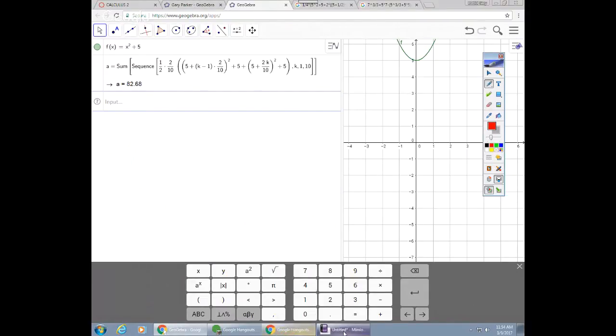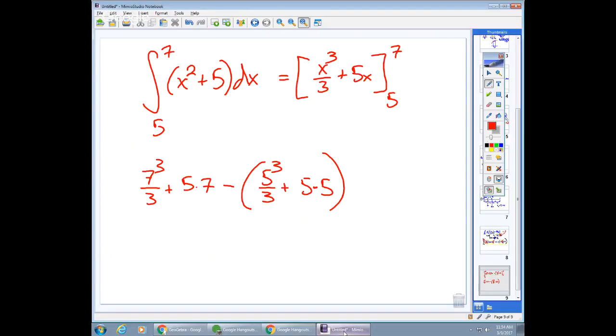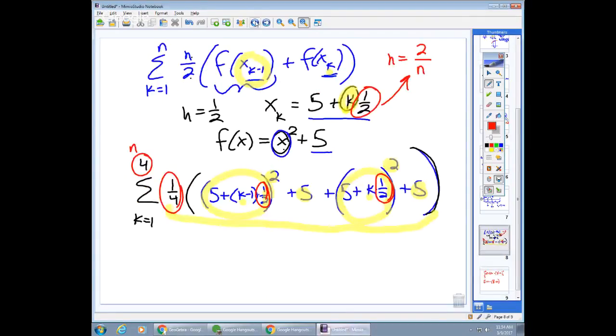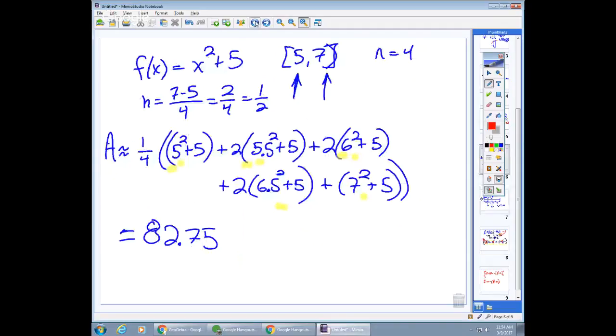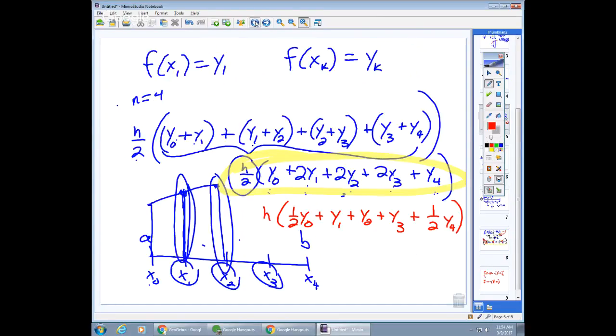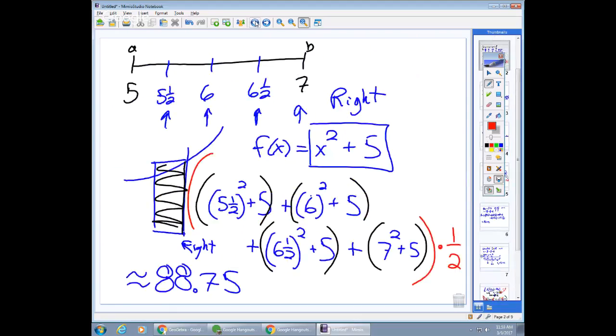When we did 4 trapezoids, we were off by what? Where's that one? 82.75. So we were off by about 1/10-ish. When we did the right-hand endpoint, though, we were way over, right? So the trapezoid with same number of intervals as the right endpoint is way, way, way more accurate, right?